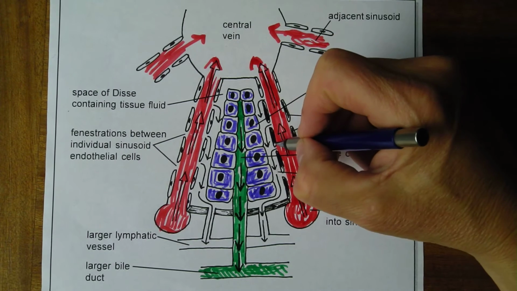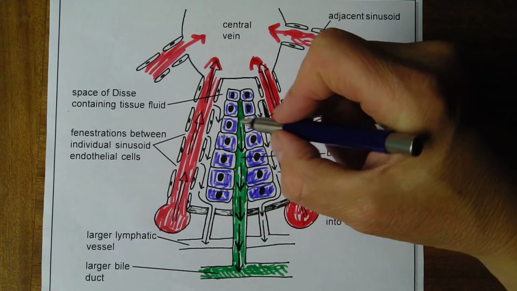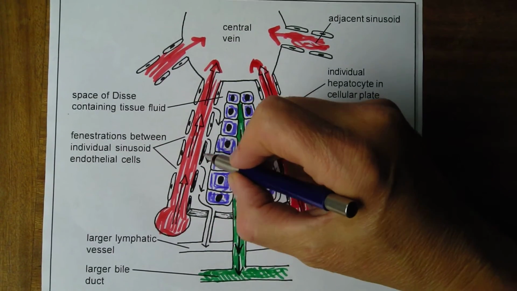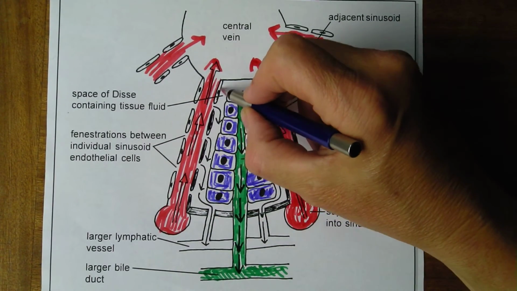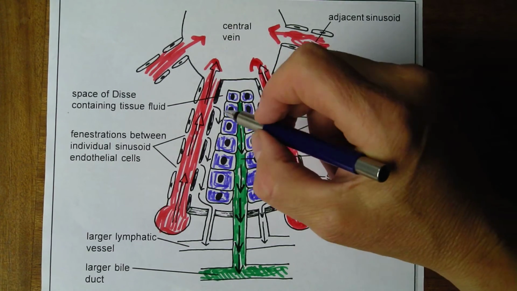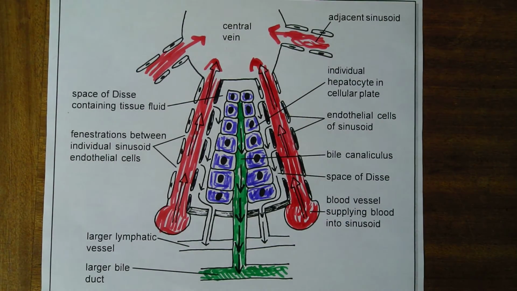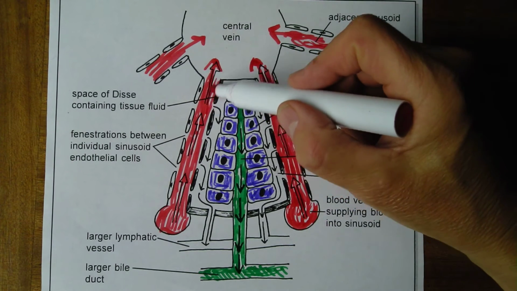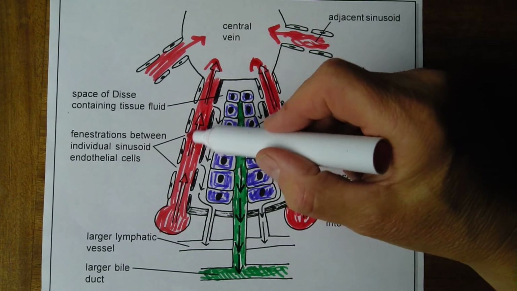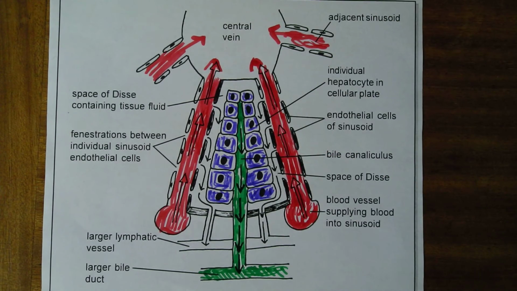Now, because there's large gaps between these individual endothelial cells, it means that more can escape from the blood capillaries. So normally in the systemic circulation we would say that the capillaries have relatively small gaps between the individual cells, limiting the amount that can escape.